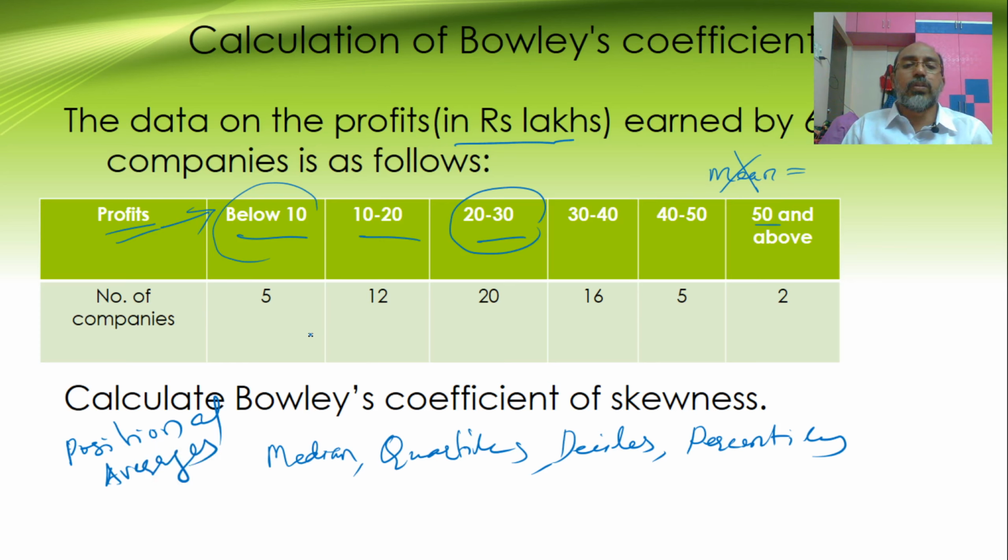So we must understand that when this type of data is given, even if the examiner does not say which method, and is not asking to calculate the coefficient of skewness in a particular way, you have to follow the Bowley method. Why? By seeing the data, both ends are unlimited.